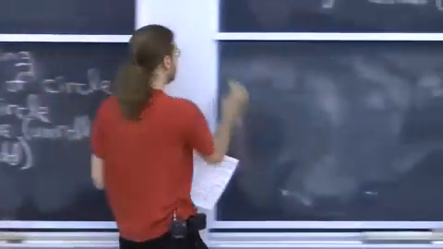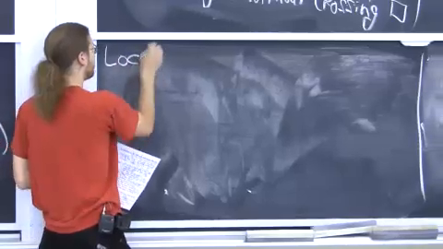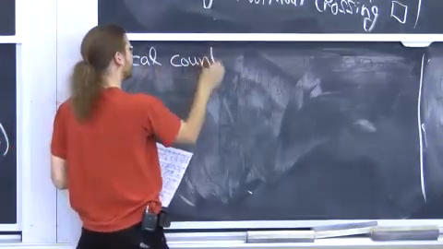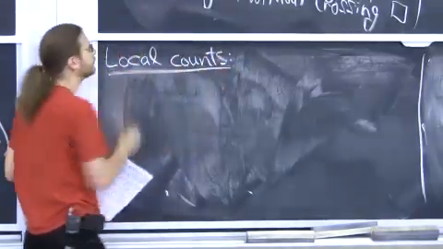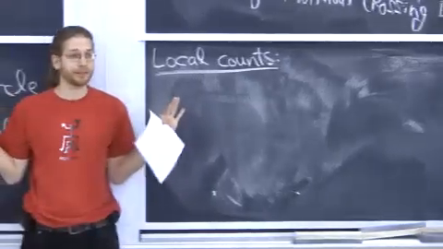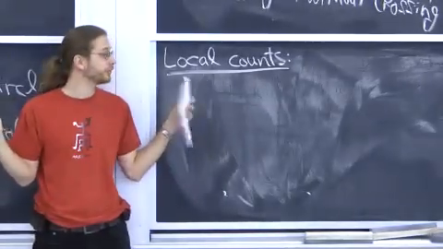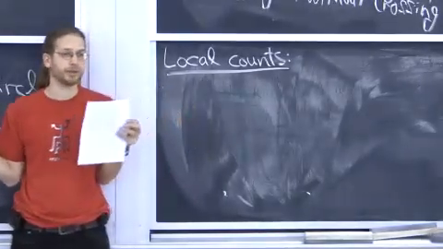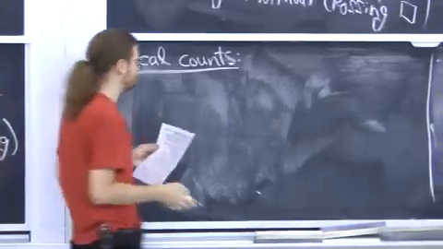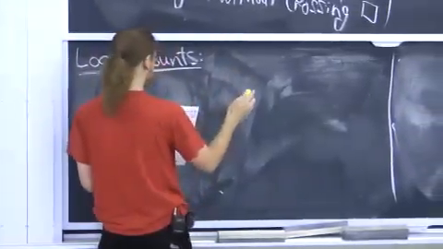So I call these local counts. While everything I've said so far is pretty classic, this result was proved in 2001 by Tom Hull, so much more recent, over a decade later.